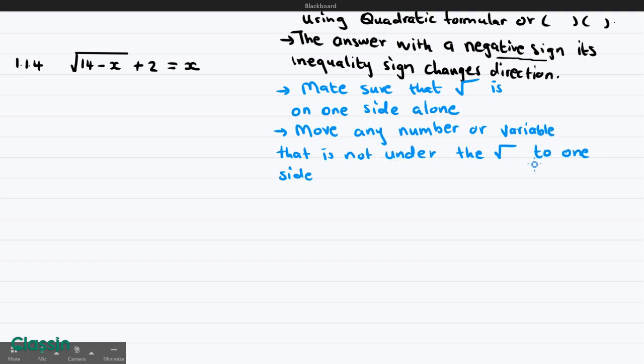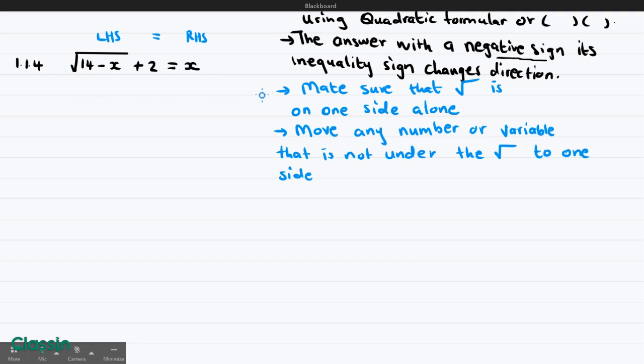Move any number or variable that is not under the square root to one side. So we've got the left hand side and we also have the right hand side. So this is left, this is right.